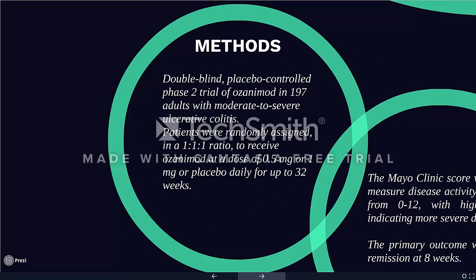This study was a double-blind, placebo-controlled phase 2 trial of ozanimod in 197 adults with moderate to severe ulcerative colitis. The patients were randomly assigned in a 1:1:2 ratio to receive ozanimod at a dose of 0.5 milligrams or 1 milligram, or placebo, daily for up to 32 weeks.